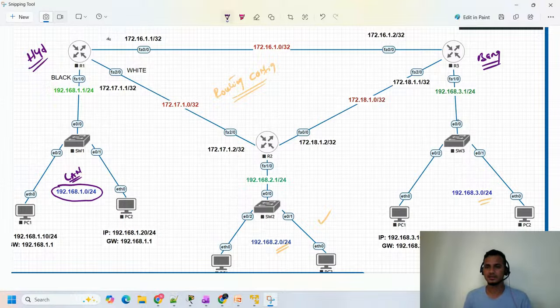For the Bangalore office, I'm going to take the LAN 192.168.3.0/24 network. Generally, whenever you take a dot 0/24, you get around 255 IP addresses as a class C. Here we are going to assign the gateway interface, the router's downstream interface, as 1.1, and here also we assign 3.1. Till here everything is fine.